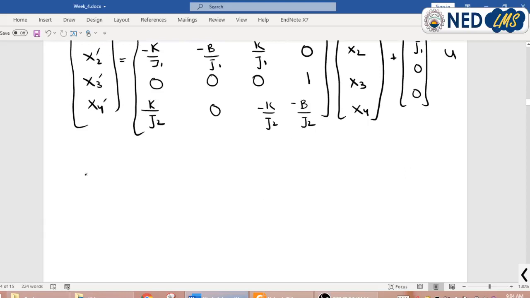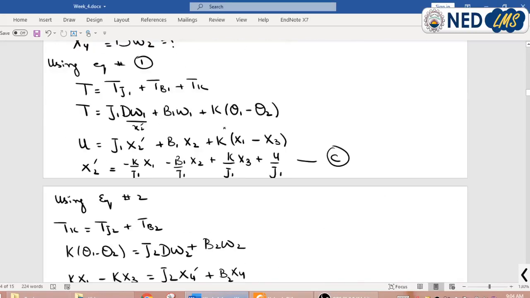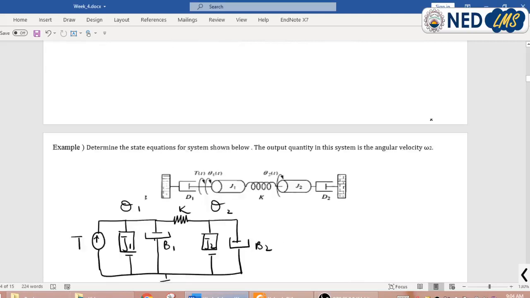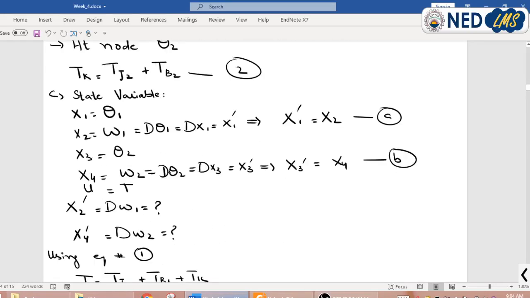And finally, we want to write the output equation. Our output equation is y is equal to... here in the question it is given that our output is basically omega 2. Omega 2 is our state variable x4.